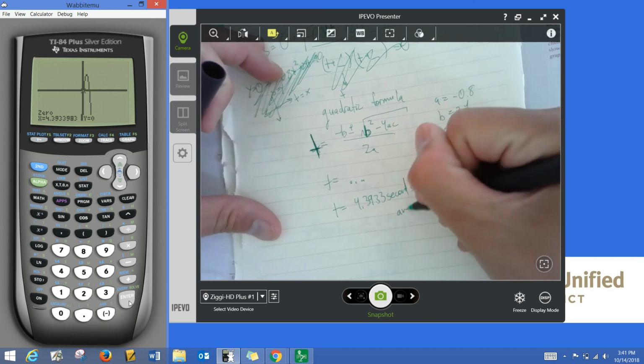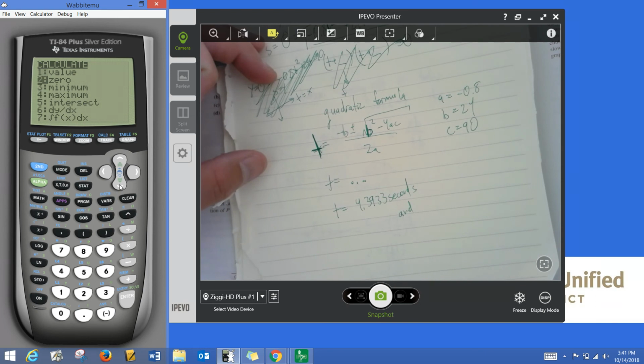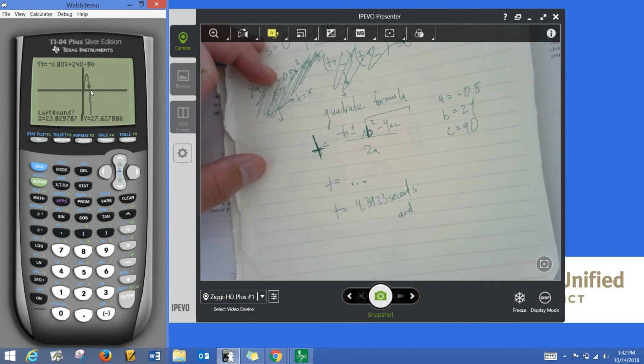And there's another possibility. Let's trace again and go to the other coordinate. It's about right here. So we're going to second trace again and put 0. This tells us where the x-intercept will be. It's to the left of this point, so I'm going to say enter.